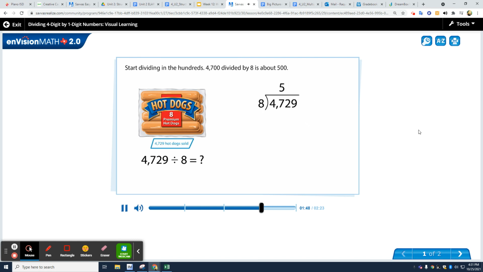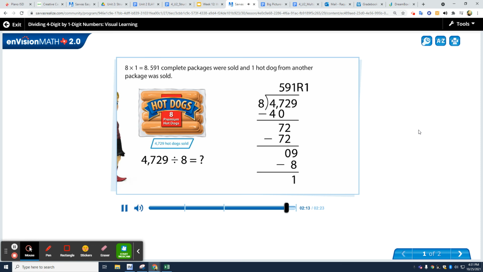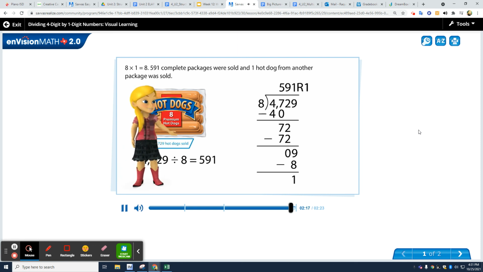Start dividing in the hundreds. 4,700 divided by 8 is about 5 hundredths. 8 times 5 equals 40. 72 tens divided by 8 is 9 tens. 8 times 9 equals 72. 9 ones divided by 8 is about 1 1. 8 times 1 equals 8. 591 complete packages were sold, and one hot dog from another package was sold.